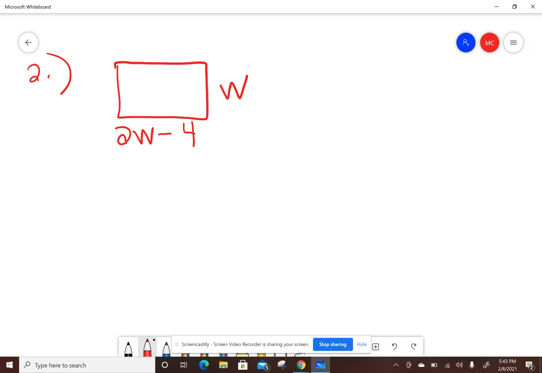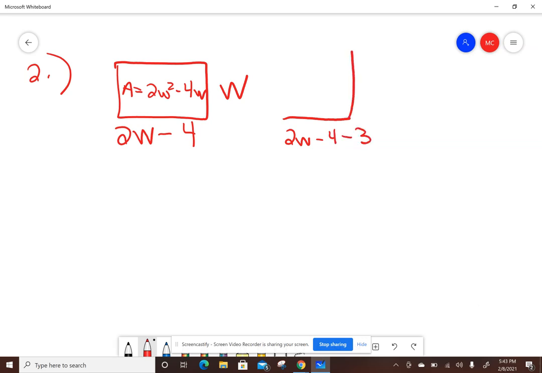So that part should be easy for everybody. So to get the area, we do length times width. So this area would be 2W squared minus 4W. Okay, then it says the length is decreased by 3. So instead of it being 2W minus 4, this becomes 2W minus 4 minus 3.